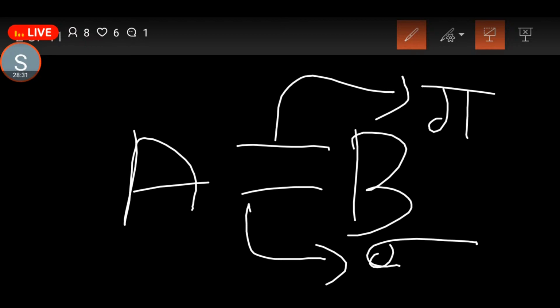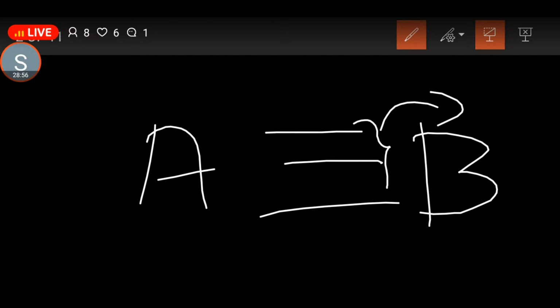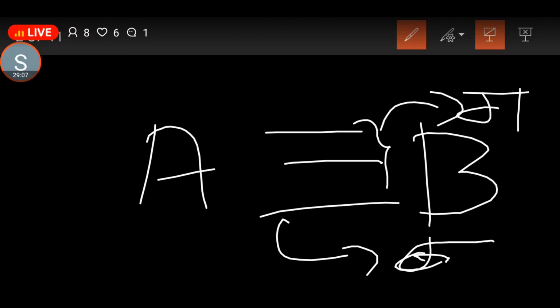Up or lower, you can take any one. Up bond you can take sigma, down bond you can take pi, it's your choice. But always in a double bond, one will be pi bond and one will be sigma bond. But in a triple bond, these two will be pi bonds, and the down one or the upper one, whichever you take, is called sigma bond. In this way you differentiate the types of covalent bonds.